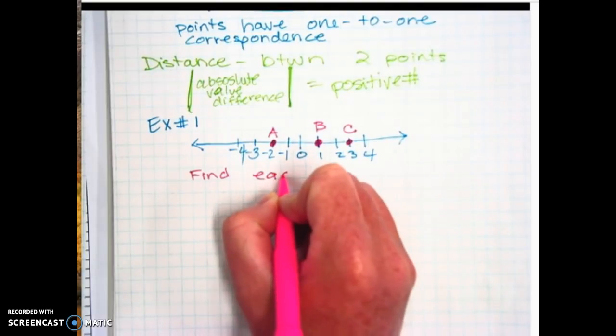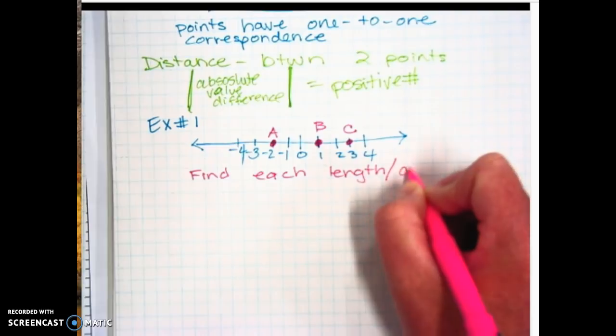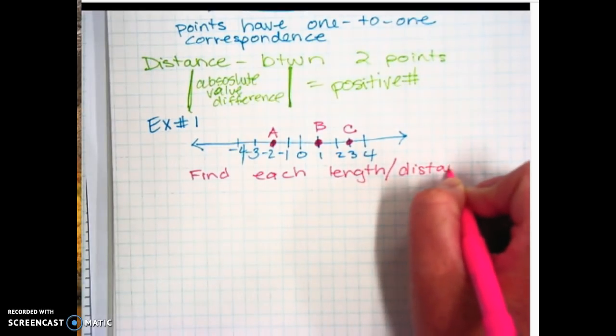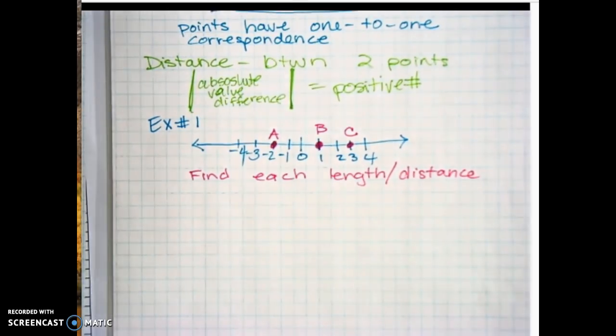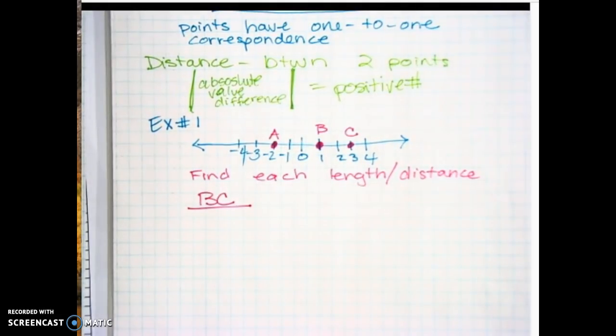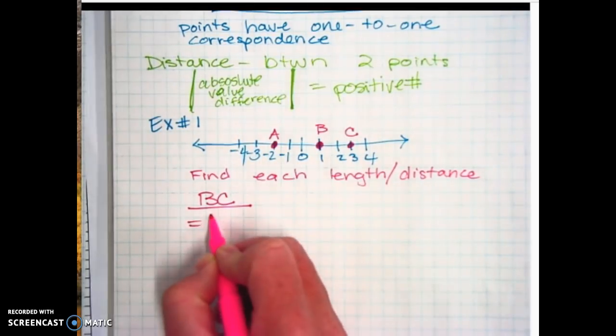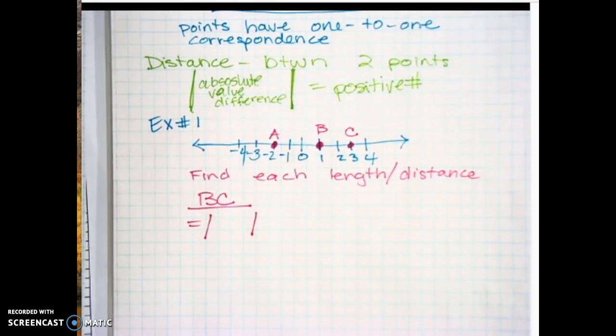So we're going to find each length. Sometimes they'll use the word length. Sometimes they'll use the word distance. They both mean the same thing. The first one we're going to find is BC. So for BC, we're going to put our absolute value bars because whatever number we get, we want to make sure it's positive.